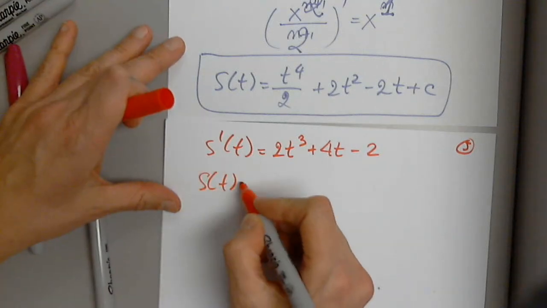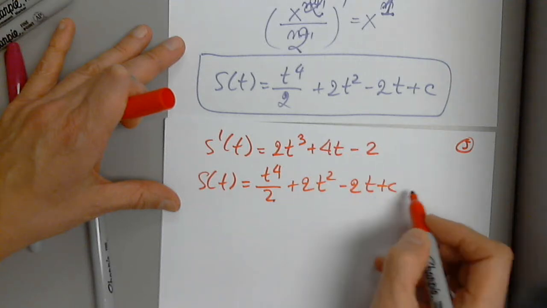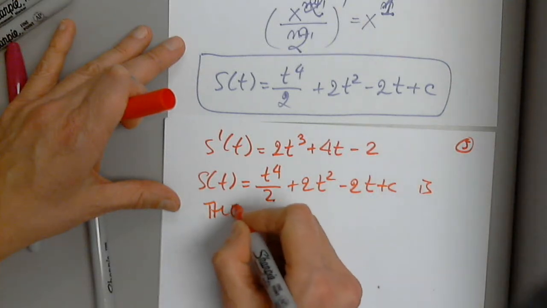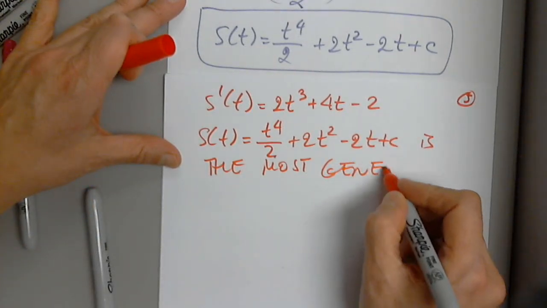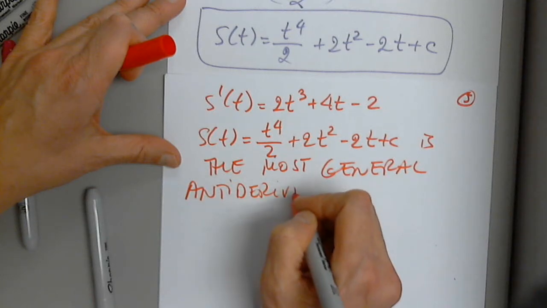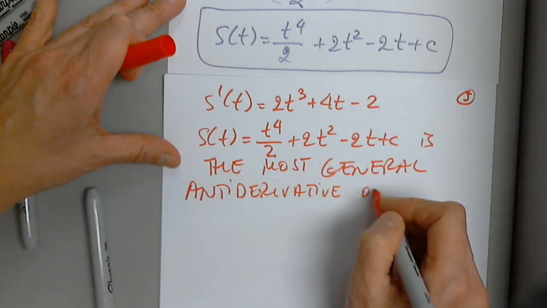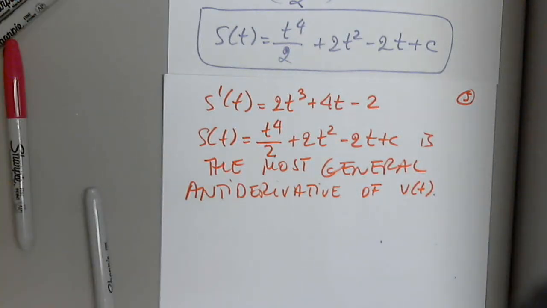So S of t, t to the 4th divided by 2 plus 2t squared minus 2t plus c is the most general antiderivative of v of t. It's not a specific one. It's all of them. Every possibility. When c is 0, when c is 1, when c is 2, when c is -3, when c is 0.5.